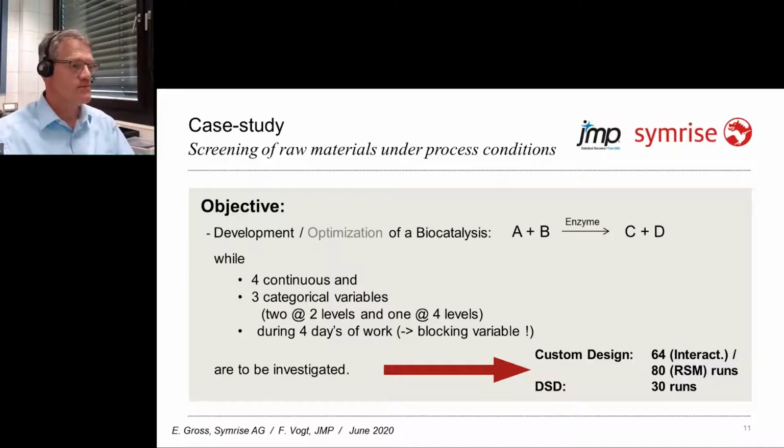Therefore, we ended up with a DSD approach of around 30 runs, or as an alternative, the custom designer, resulting in 46 runs for only interactions. And if we would then add a response surface model, being able to model the curvature, we would have done 80 experiments.